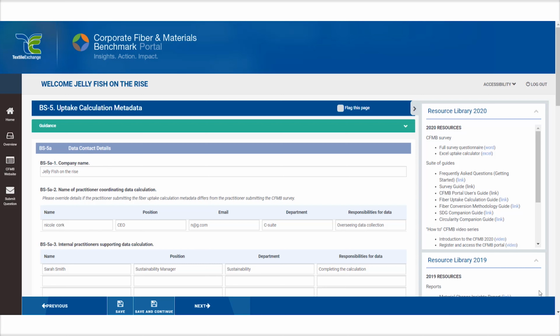This metadata will also inform Textile Exchange on best practices and allow for further progress on alignment and comparability of data within industry. This form might also assist your company in keeping a record of how calculations have been completed for internal data control and, in the event of staff turnover, can be used as a guide to ensure that comparable data continues to be collected.